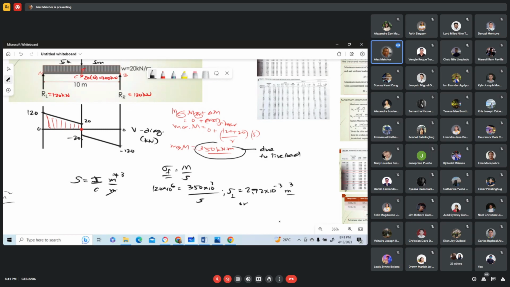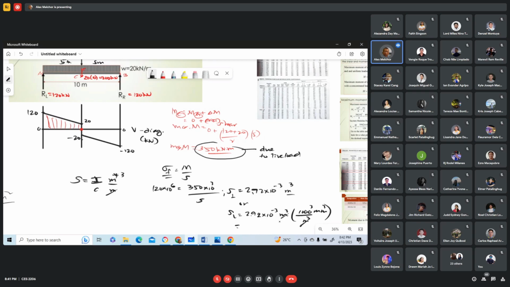Now, we convert that to millimeters cube. To convert that to millimeters cube, multiply 2.92 times 10 negative 3 by 1,000 cube. That will cancel.